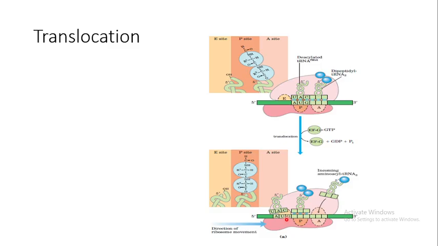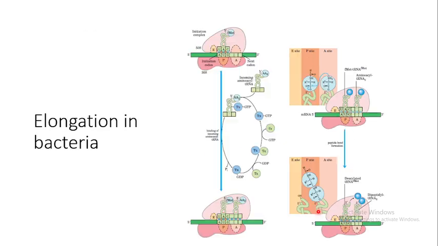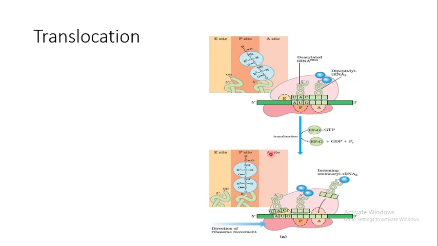So now the next incoming amino acid tRNA for the third amino acid will come and bind to the A site. Then again a bond will be formed between this dipeptidyl chain and the fresh incoming amino acid tRNA3. Then again translocation happens.